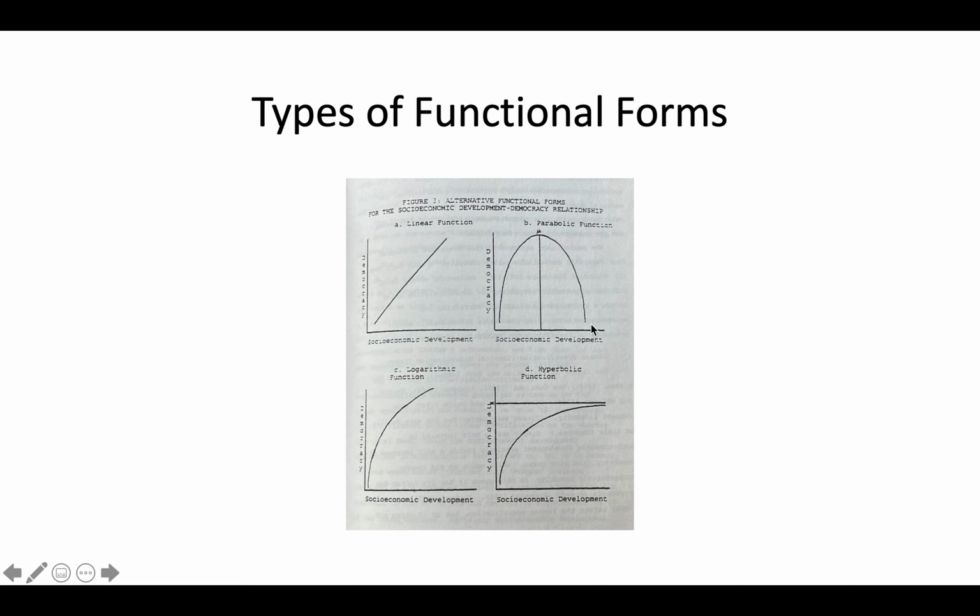Now, it's even possible that having achieved a maximum democracy score at a certain level of economic development, countries could be witness to a democratic decline as wealth increases after that maximum point. So this drawing here may exemplify that particular idea.